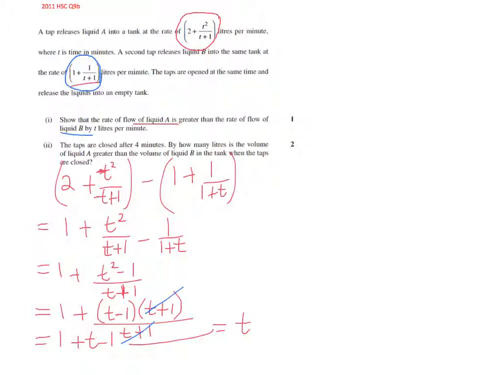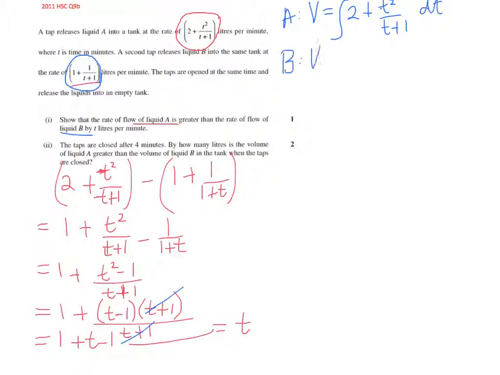And that's going to be our easiest option here, because if you can see, our liquid A, if we try to integrate this, it would be very difficult based on the skills that you've learned in this 2-unit course. We can't just integrate this second term. It'd be easy to integrate the 2, but it'd be really hard to integrate this second term. That's more of something that you would do in Extension 2.